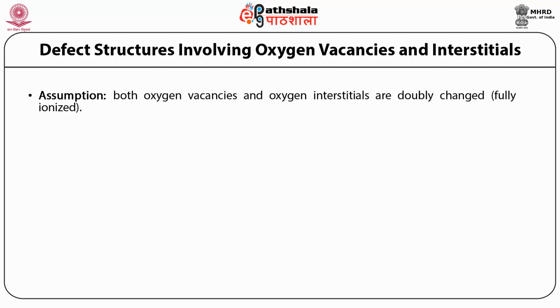Now, assuming that both oxygen vacancies and oxygen interstitials are doubly charged, or fully ionized, the defect reaction can be written as, for low partial pressure, OO gives half O2 plus VO double dot plus 2 electrons.